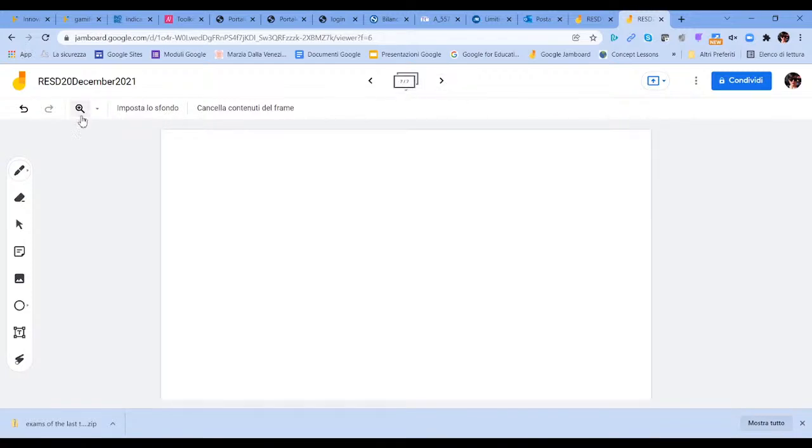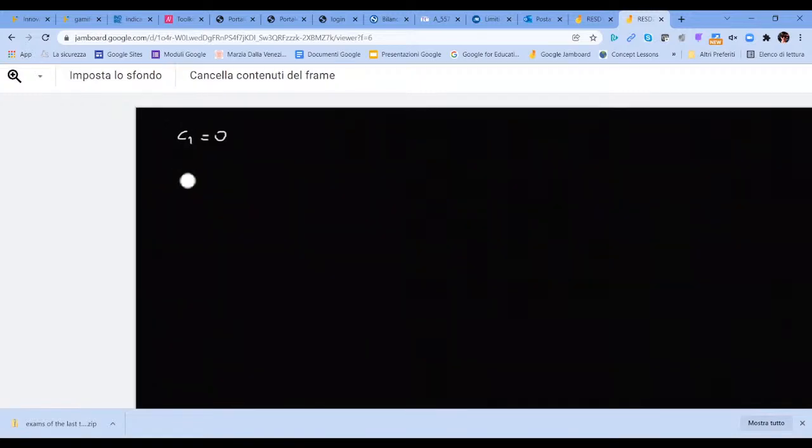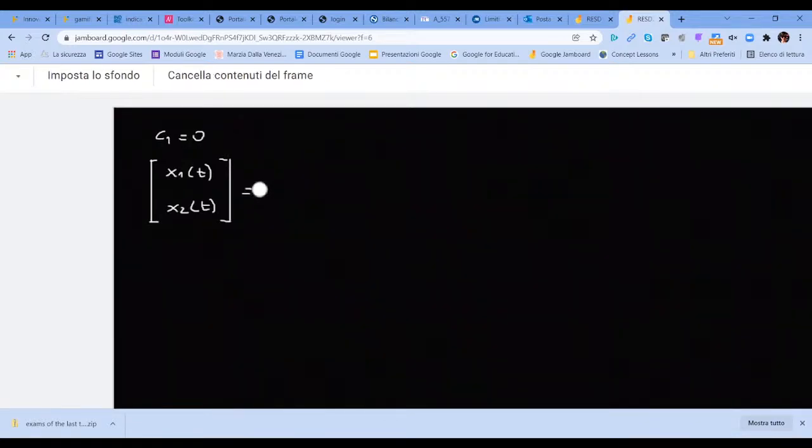Let's write in the other board. We have C1 equals 0, and we compute x1 of t and x2 of t equals C2. Of course, if C1 is 0, the whole term is 0.